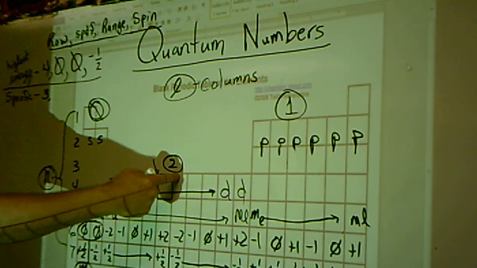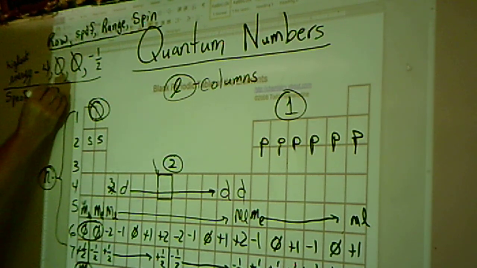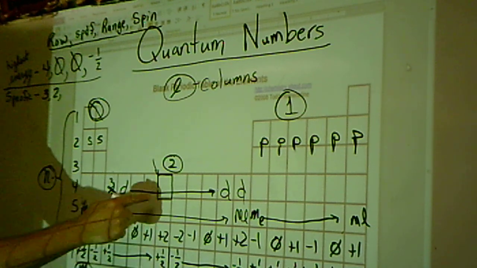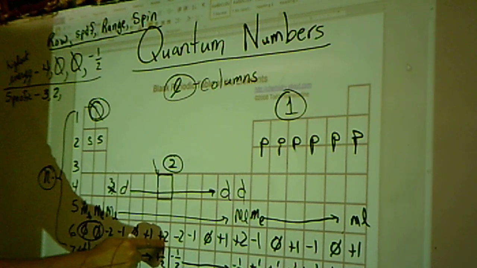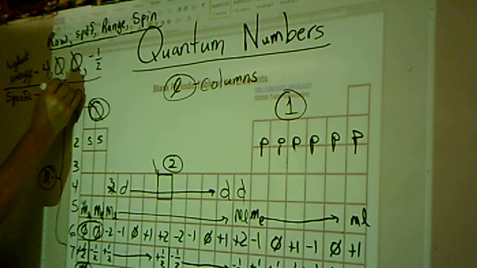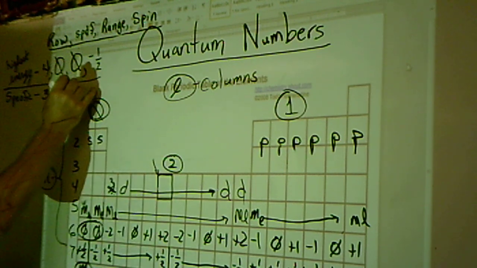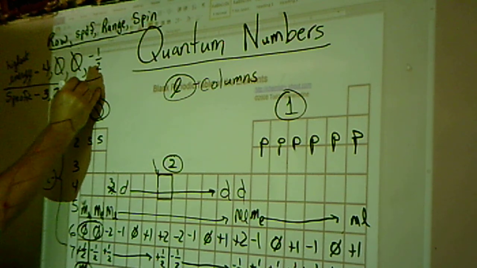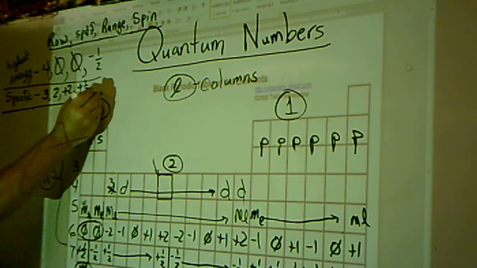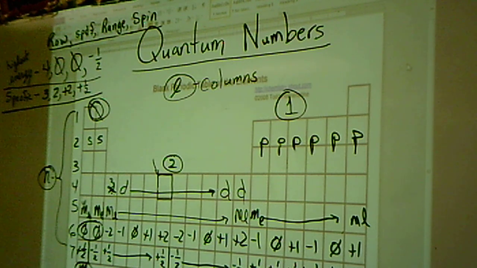It's in the 2, which is this. I'm going to look at the positive 2 because that's part of your range. And then spin direction, positive 1/2. That is how you do quantum numbers, and that is how you set it up.